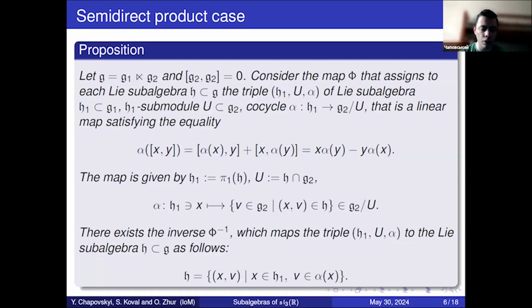So let us proceed with the next proposition. Let G be a semi-direct product of G1 and G2, and G2 be an abelian Lie algebra.